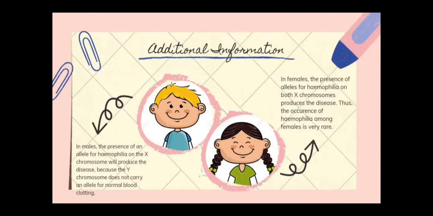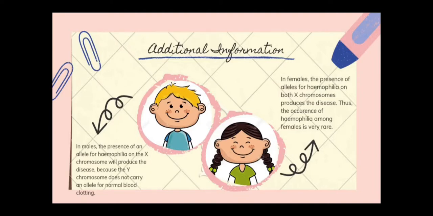Do you know that in males, the presence of an allele for hemophilia on the X chromosome will produce the disease? This is because the Y chromosome does not carry an allele for normal blood clotting. But in females, the presence of the allele for hemophilia on both X chromosomes produces the disease.